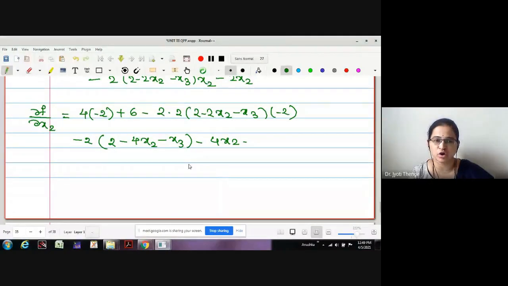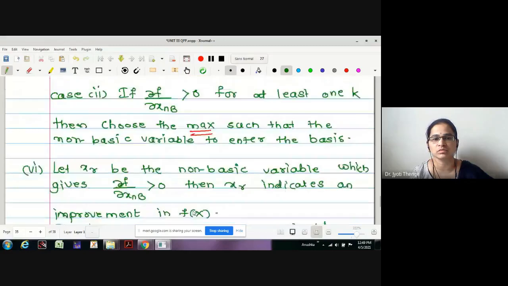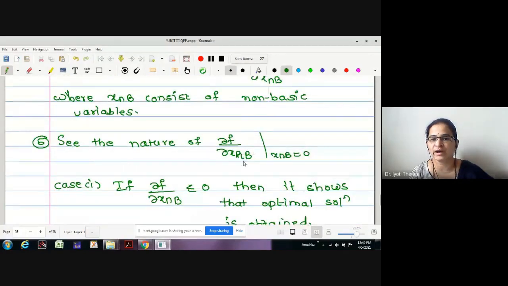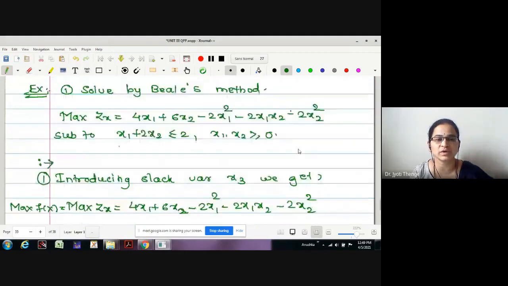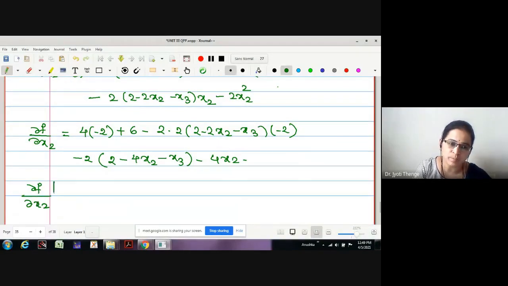Now the next job is we will find dou f by dou x2 at xnb equal to 0. Right, now putting all the values of non-basic variables at 0. Where I have written dou f by dou xnb at xnb equal to 0. What are the non-basic variables here? x2 and x3. Therefore, let us find the value of this dou f by dou x2 by putting both the non-basic variables x2 and x3 at 0.